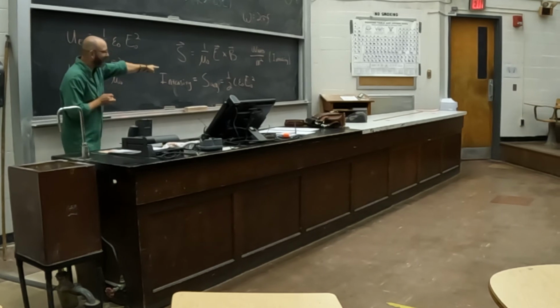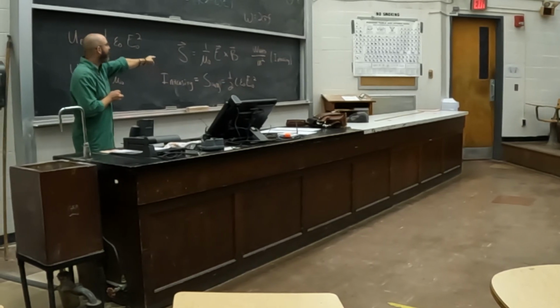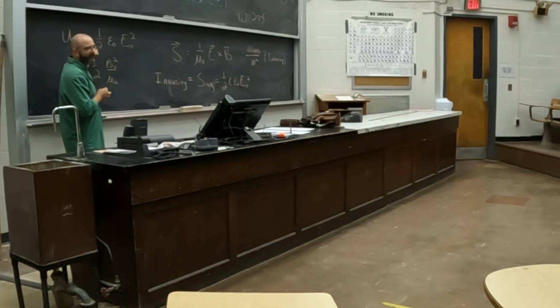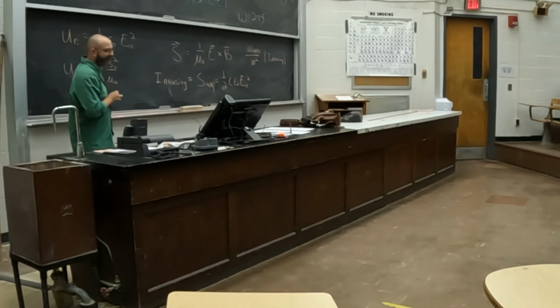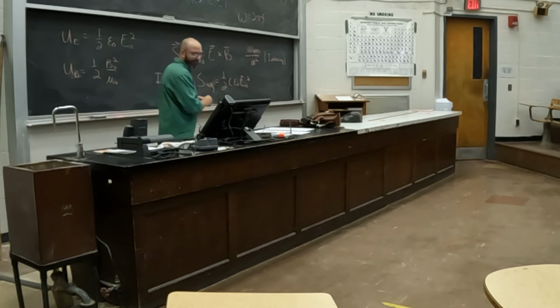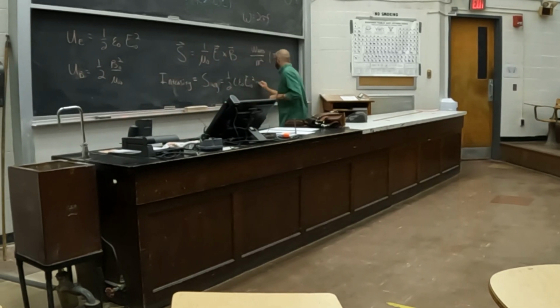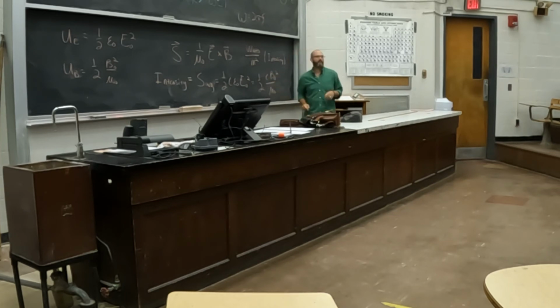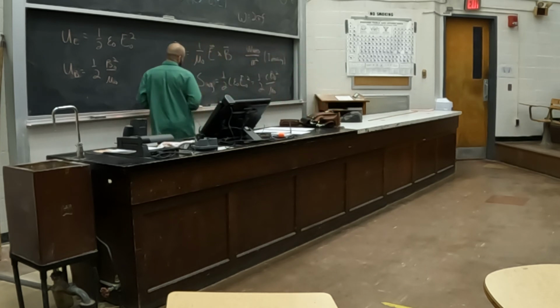Turns out they're proportional through the speed of light. Right? So that's the time average value of the pointing vector in terms of the electric energy density. But we can do it with the magnetic field as well. Both of these equations work.